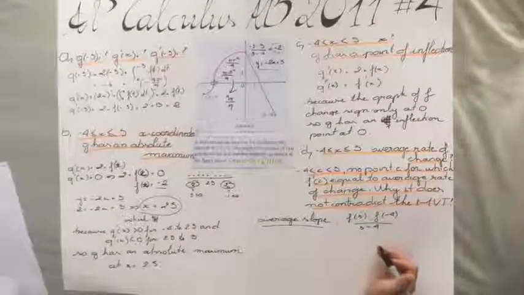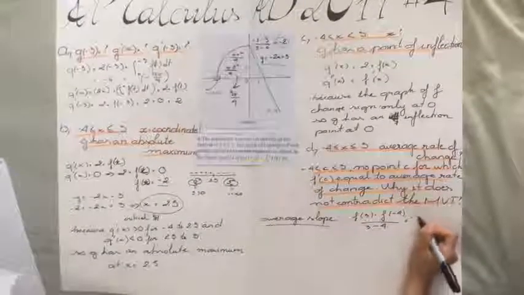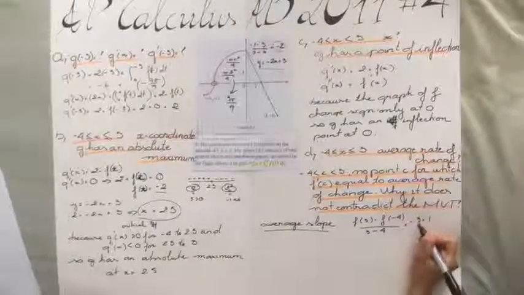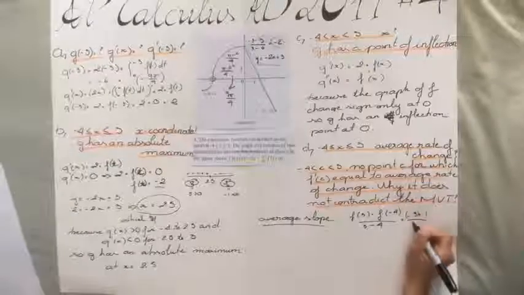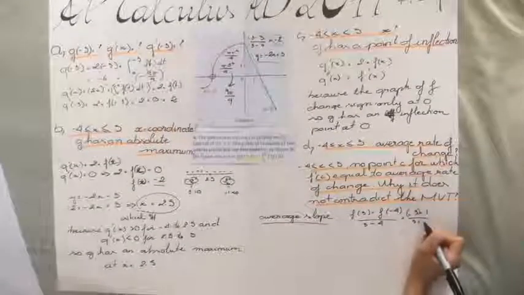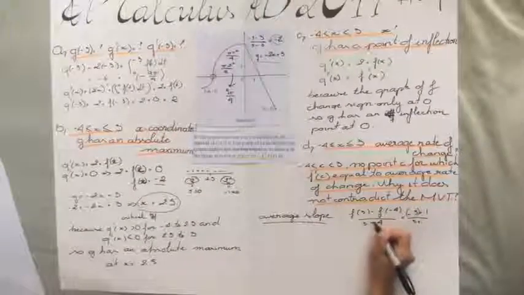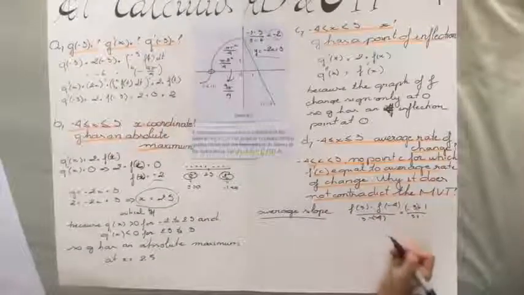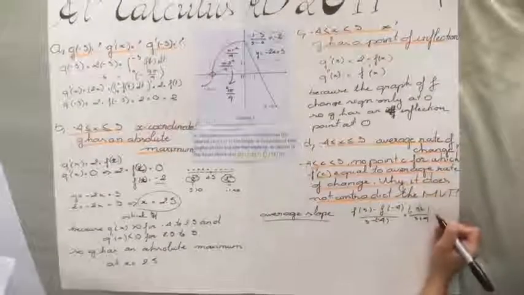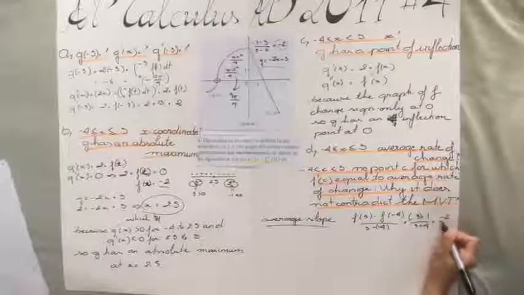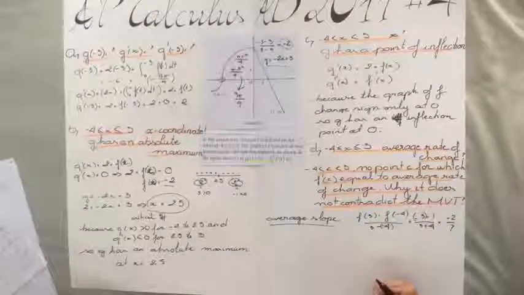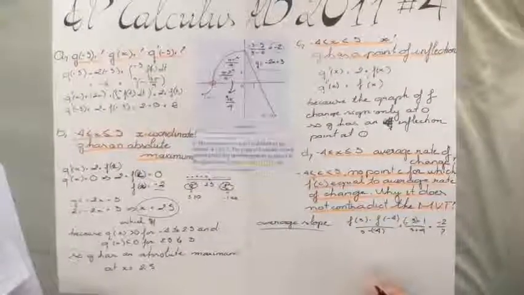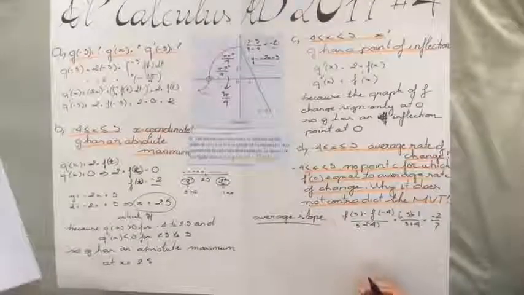This is just like the slope between the endpoints, so it's equal to -3 plus 1 over 3 plus 4, which is -2 over 7, and that is our average rate of change. So let's move on to the c part.